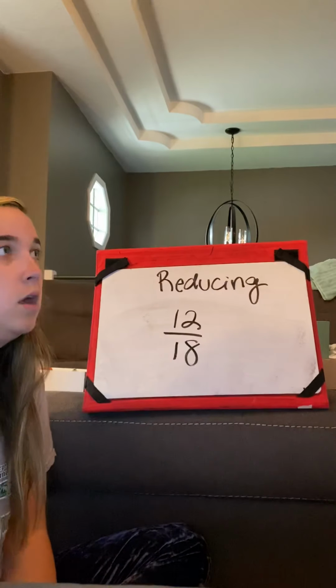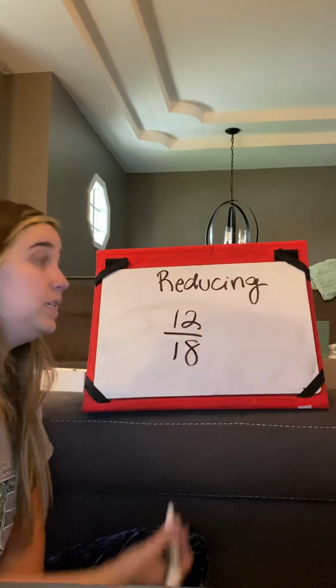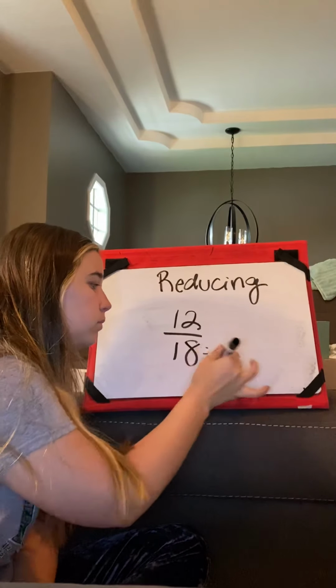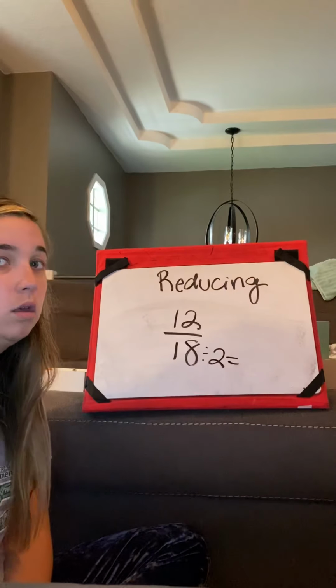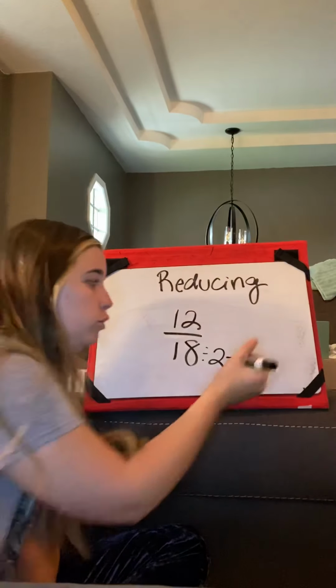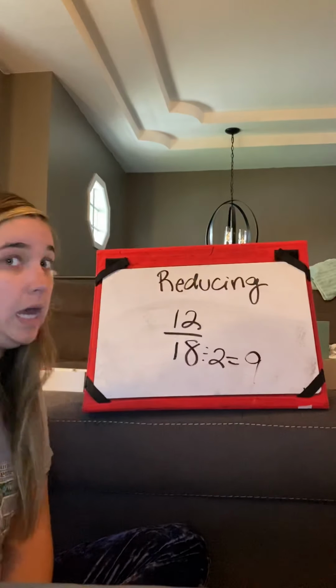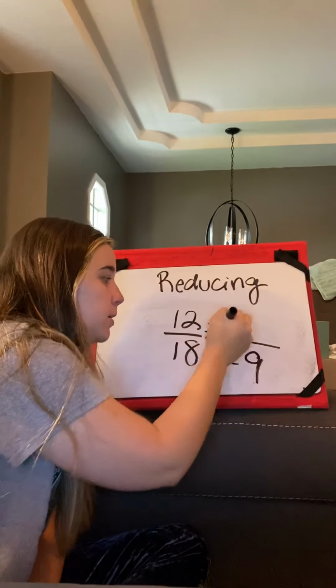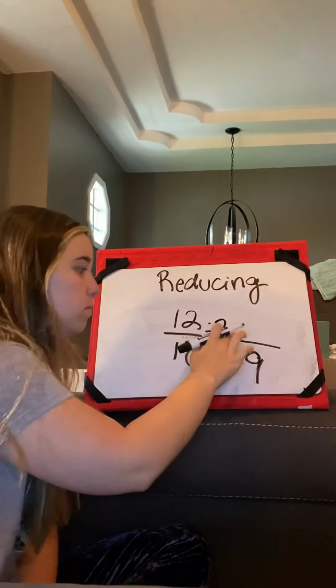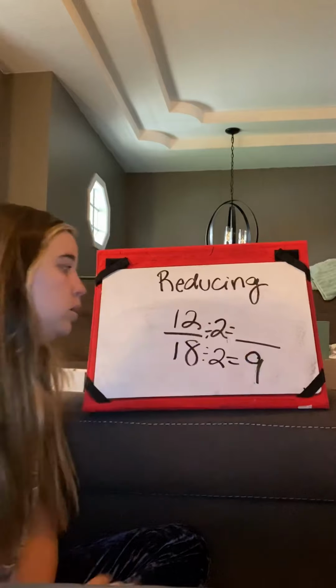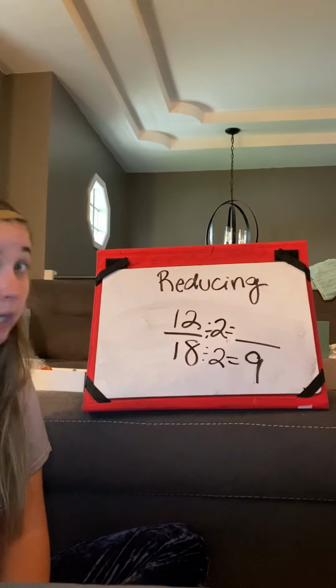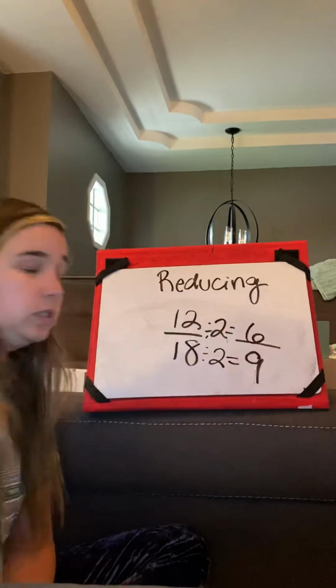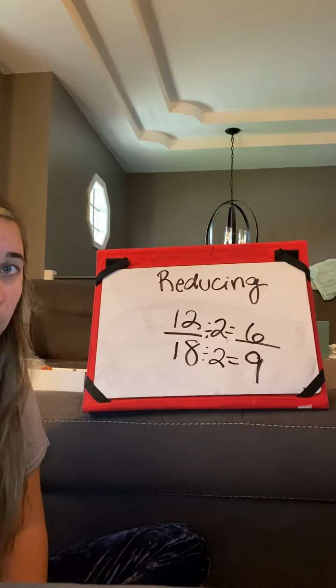Well, off the bat, I'm thinking I can divide 18 by 2. Okay, so 18 divided by 2, hopefully we know, is 9. So whatever I do to the bottom, I must do to the top. So 12 divided by 2, hopefully we know that's 6.